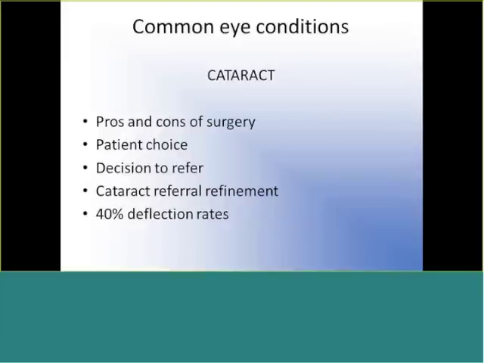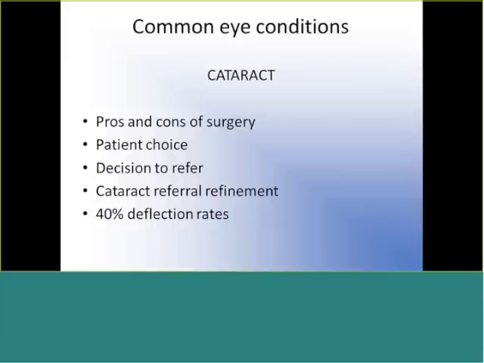A lot of patients will go to their optometrist initially when they have problems with vision. A number of them will discuss the vision with their optometrist, and some of them will be given new glasses which make their vision better, so they don't land up in our hospital service for consideration of cataract.